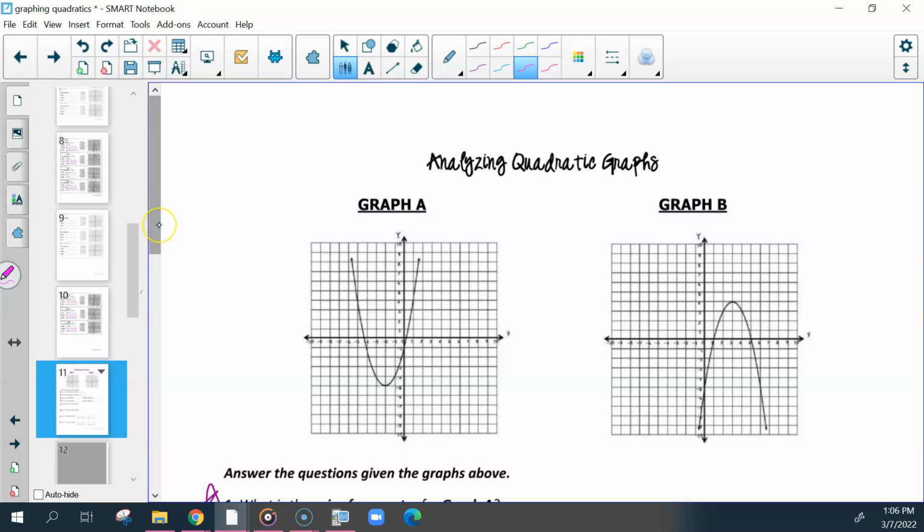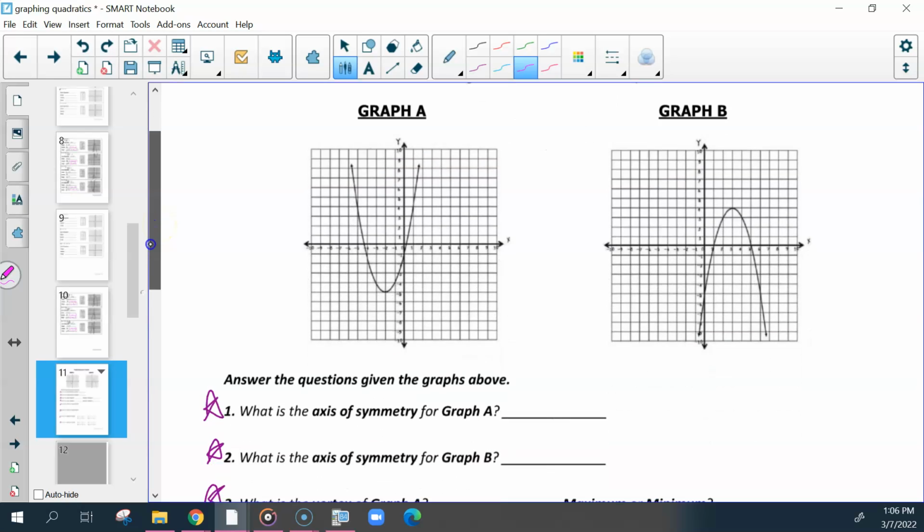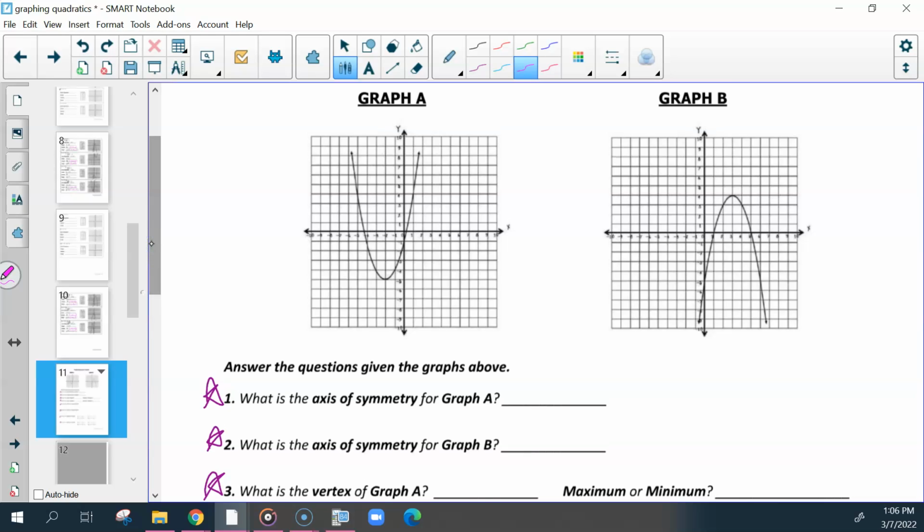Now we are given graphs and have to find information from said graphs. So for the axis of symmetry of graph A, remember you're looking for a line that splits your parabola down the middle. Where would that be? -2. And you can draw this in, you don't need to.